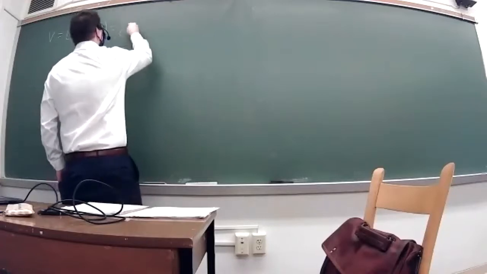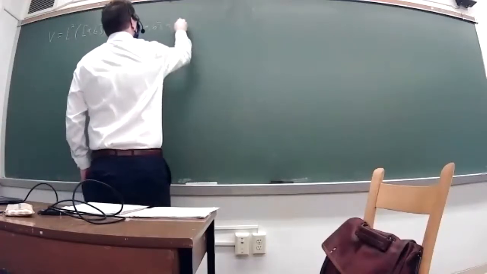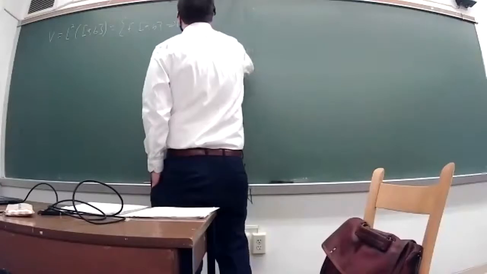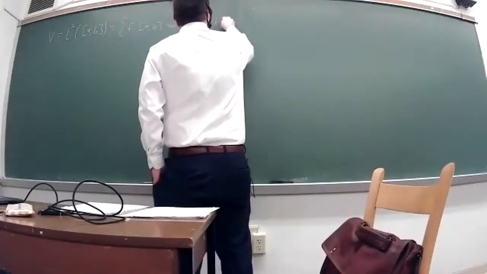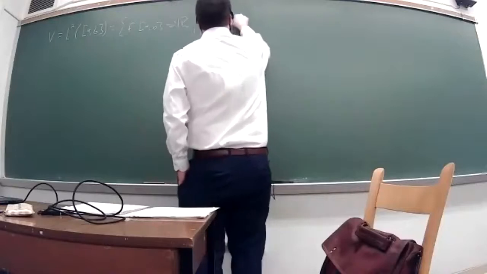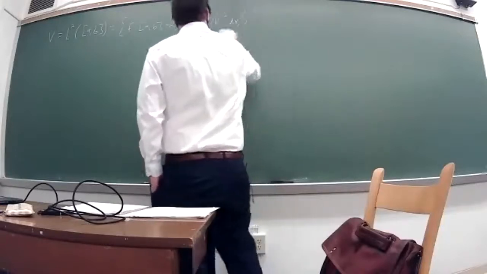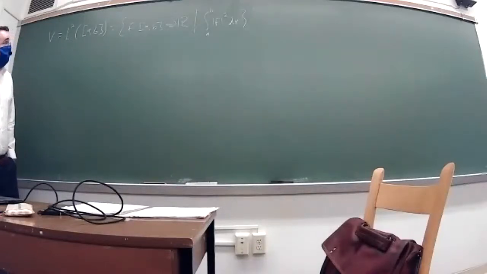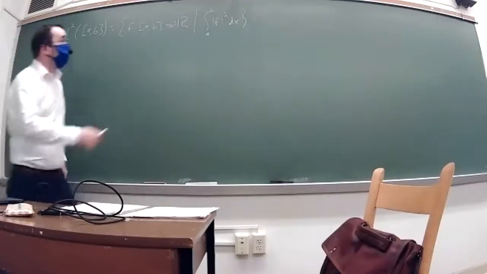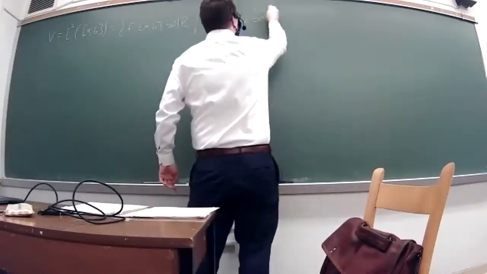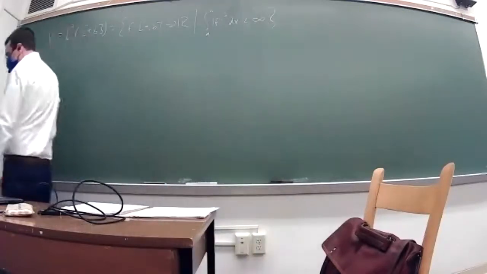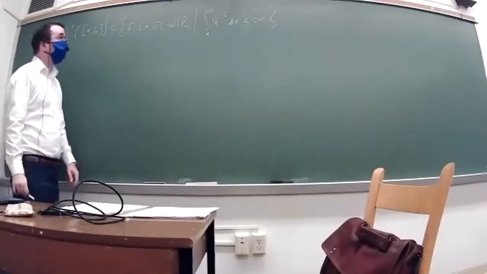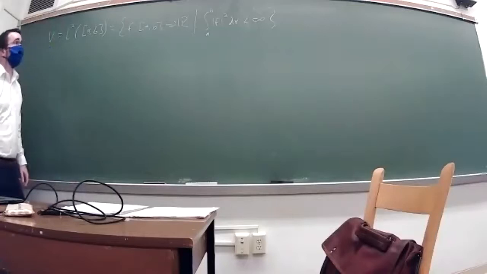And this is the collection of all functions from the interval to R with the property that they are square integrable, meaning you integrate from A to B the square of the absolute value of the function, and this has to be finite. So the square of the absolute value has to be integrable, and the value that you get has to be less than infinity, so the integral has to converge.